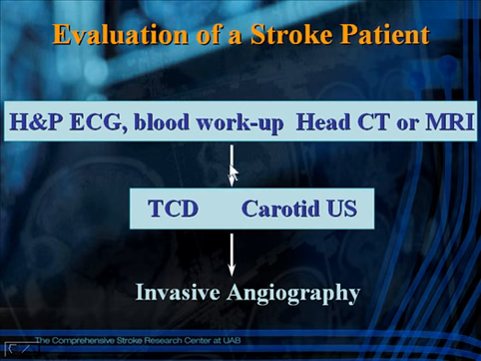In our center, we also prioritize these patients' access to non-invasive vascular ultrasound examinations such as transcranial Doppler, TCD, and carotid duplex ultrasound. These non-invasive tests are used in our institution in part to select patients for invasive angiography, and catheter procedures are still being used in acute stroke.